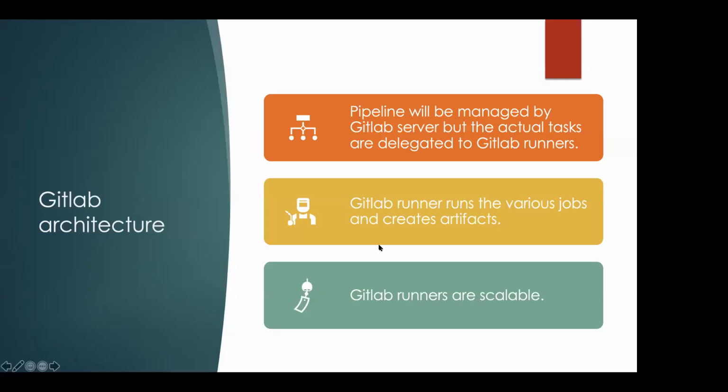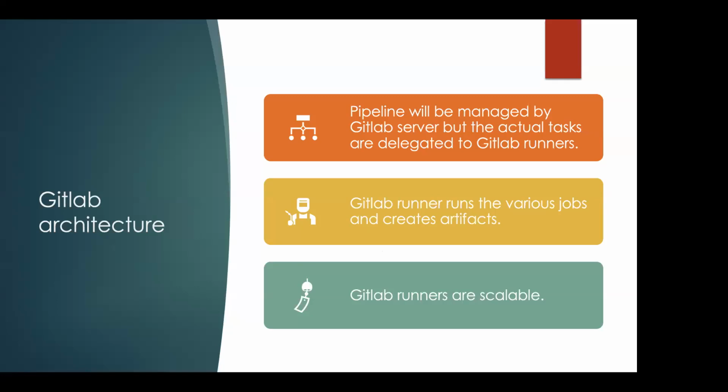Basically, this GitLab runner is actually scalable, so it depends on your business requirement. For example, if there are a lot of jobs that are a part of your pipeline, then you can add more GitLab runners. And as and when the requirement goes down, the number of runners can be reduced.